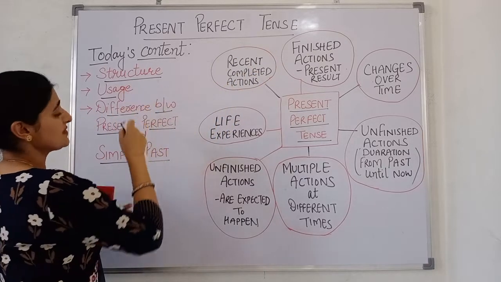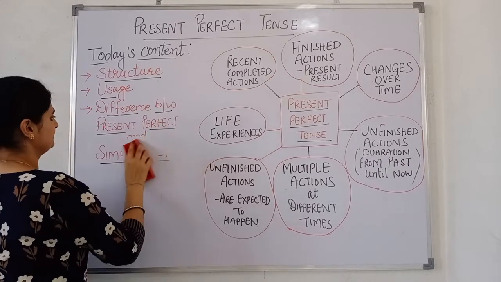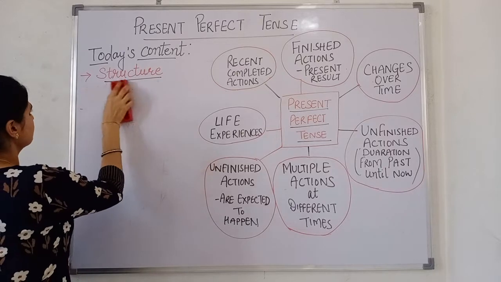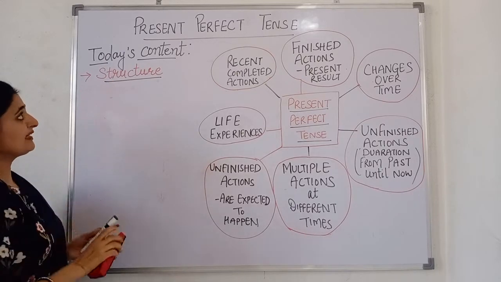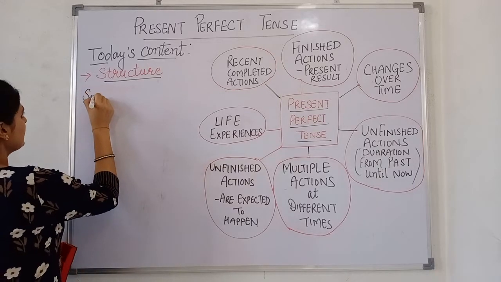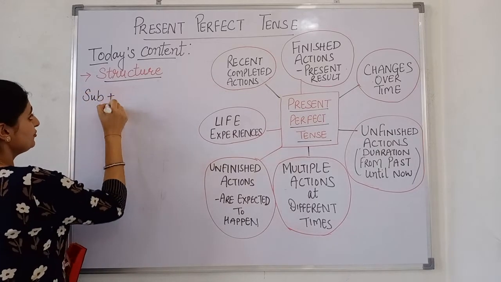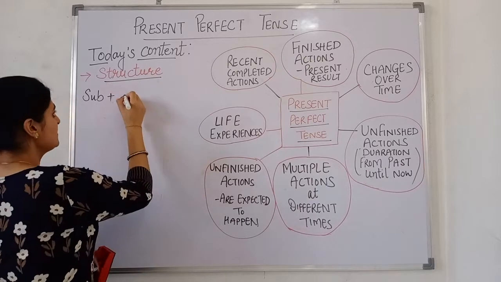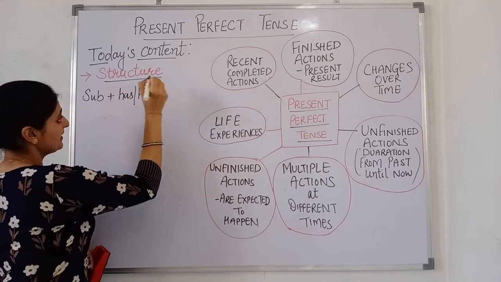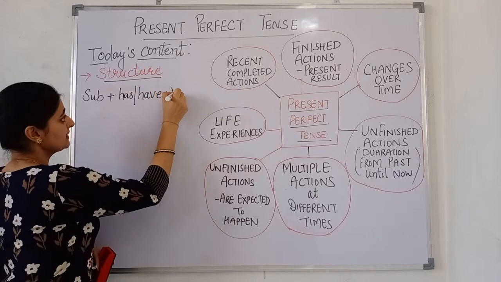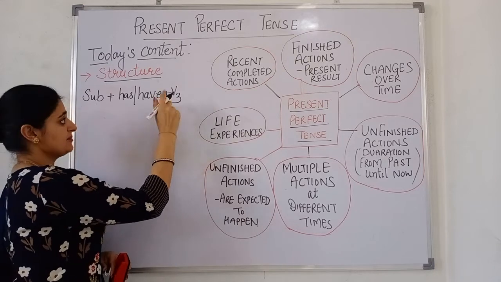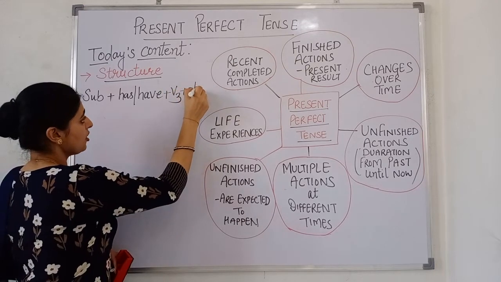Let's talk about its structure first. What is the structure of present perfect tense? First, we write the subject, then we use two helping verbs, has and have. Thereafter, we use the third form of the verb, we can also say the past participle form of the verb, plus object.